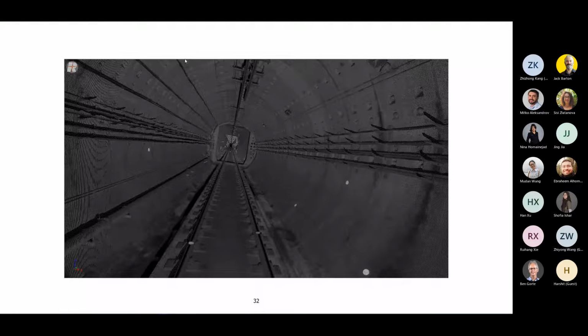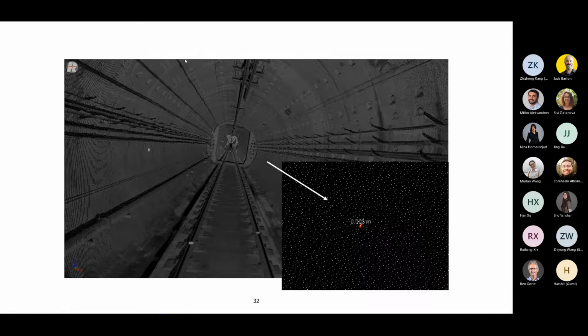As we can see from these images, we can have a very high resolution point cloud in the tunnel. Next. We can have a resolution of 3 millimeters, so we have plenty of points. What can we use with these points? Next.